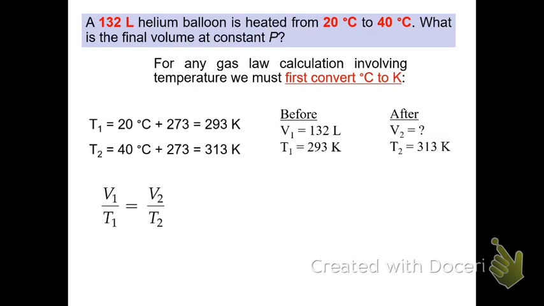We're trying to calculate the final volume. So all you have to do is move the final temperature over here, cross multiply, and that isolates V2. So now volume 2 is equal to V1 times T2 divided by T1.